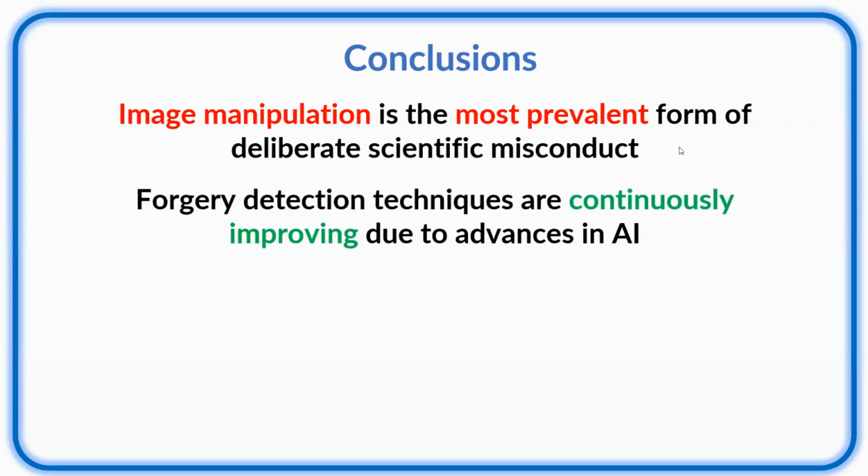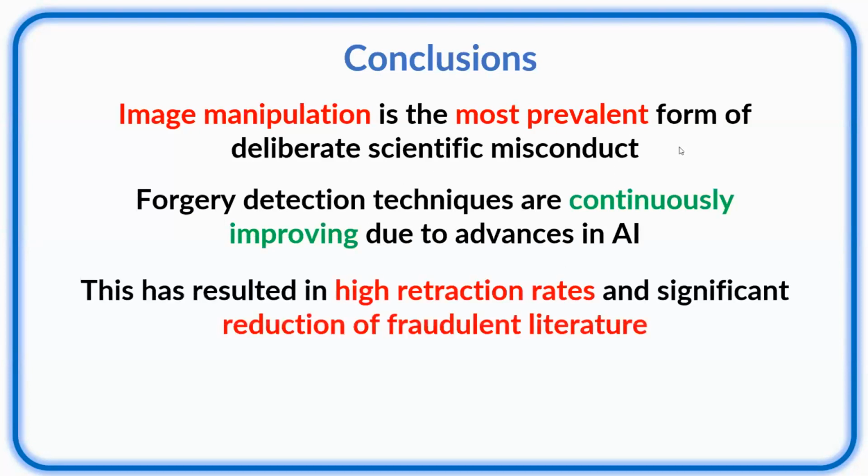Forgery detection techniques are continuously improving due to advances in AI. So this is an active field, and a lot of researchers are contributing towards detection of forgery in the scientific domain, even in other domains such as insurance and digital authenticity, and to stop the spread of misinformation. This has resulted in high retraction rates and a significant reduction of fraudulent literature.